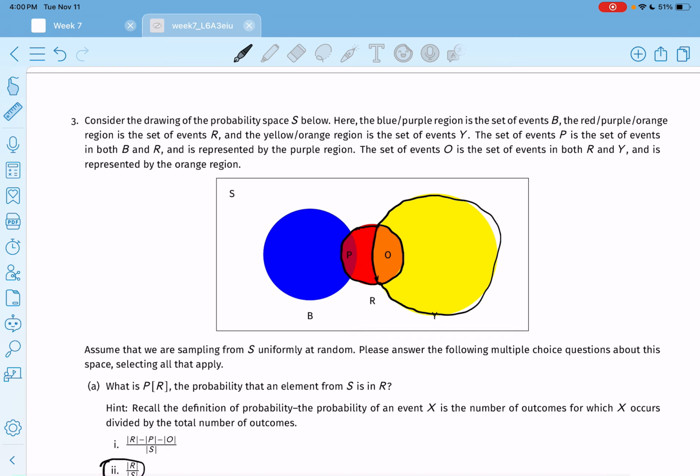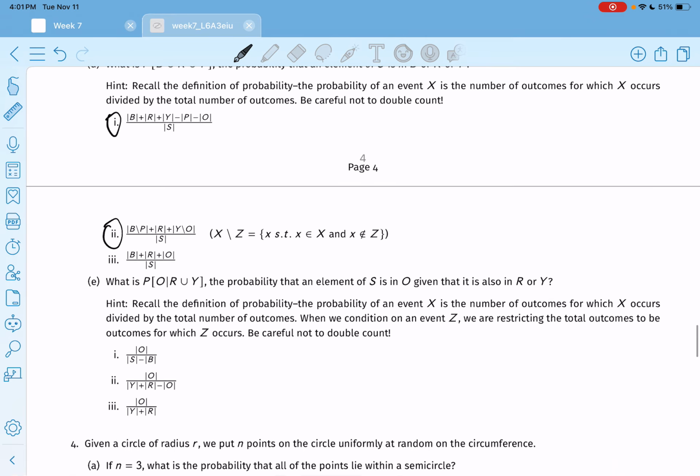Because we want to calculate the probability of O, in the numerator it has to be O. And in the denominator, which is R union Y, we can calculate it by Y plus R and then minus the intersection, which is O. So this is just R union Y. In this approach, we get our final answer, which is 2.